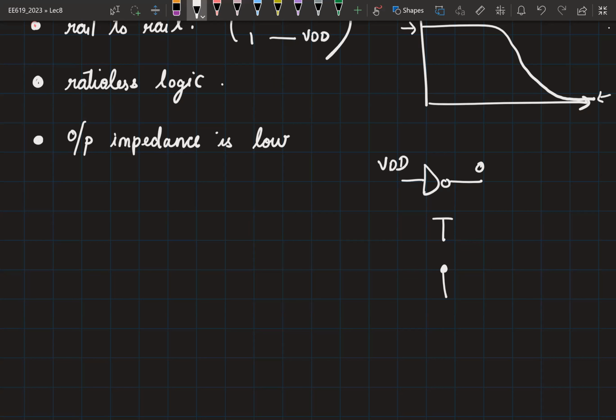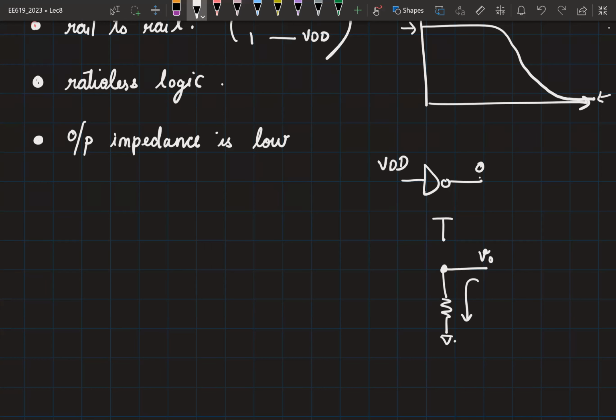And NMOS is on in which region? If the input is VDD and the output is 0, NMOS is on, yeah, and it is on in the linear region because the VDS is now equal to 0, right? Which means you can think of this as a resistor of very small value. So you basically have a low resistance path to the output.